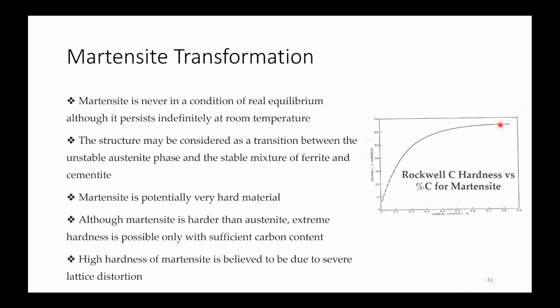After this, the hardness doesn't increase much, and it attains a saturation. As you increase the carbon amount, your lattice distortion will be higher, and the formation of dislocations and twins will be higher because of the high carbon amount going into your iron-based lattice.